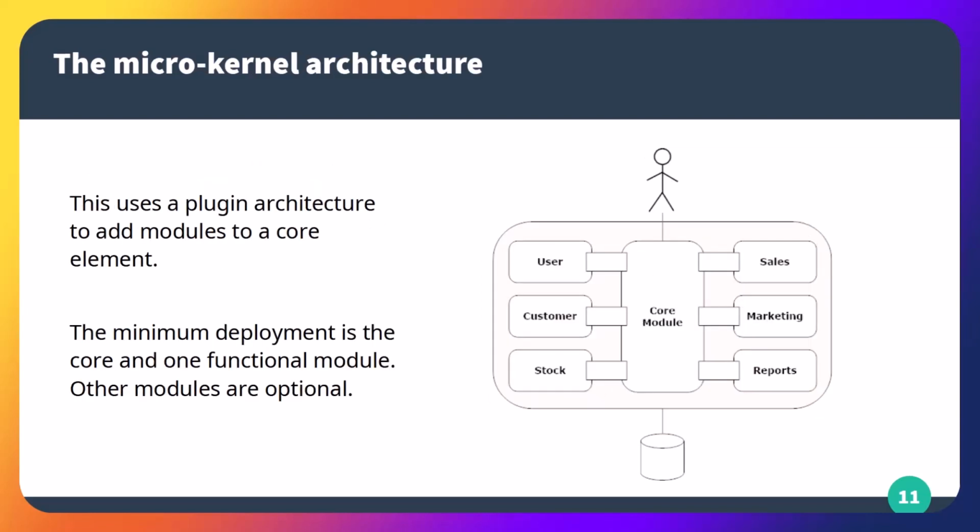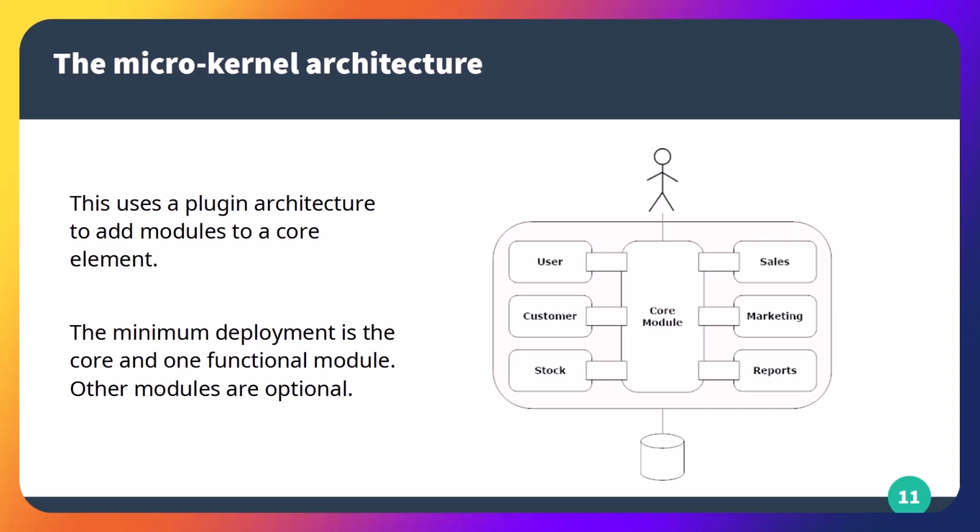The last monolithic pattern to look at is the microkernel architecture. In many ways this is similar to the modular monolith that we have just seen. The key difference is that in the modular monolith all modules are required and must be included in the deployment package. But with the microkernel, the modules are linked in using some kind of plug-in mechanism, and therefore only some modules may be deployed in any given installation.